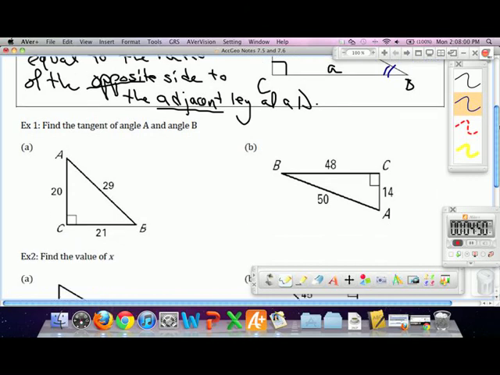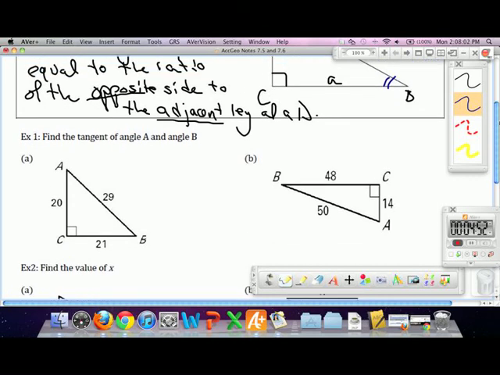So let's actually put this to use. Let's find the tangent of angle A and the tangent of angle B in each of these. So what would be tan of angle A in our first example? 21 over 20. Opposite side over adjacent leg.